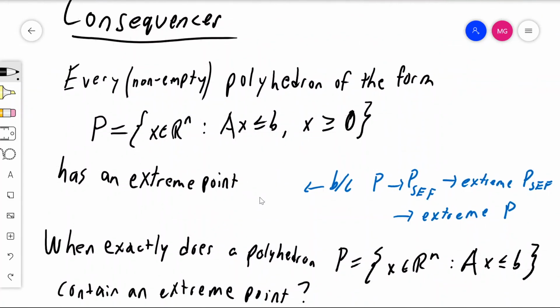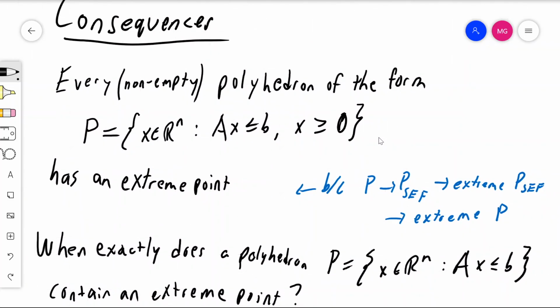And why is that true? Because it's just a corollary of what we just talked about. We have this polyhedron given here, and it's the polyhedron associated to some linear program.